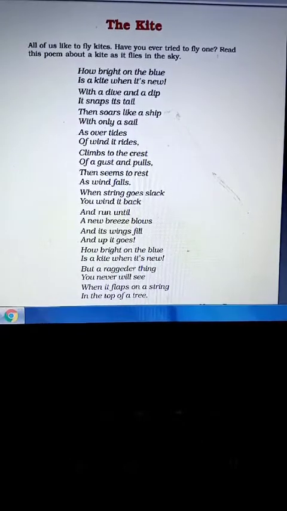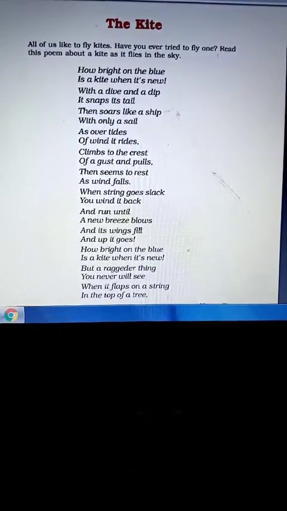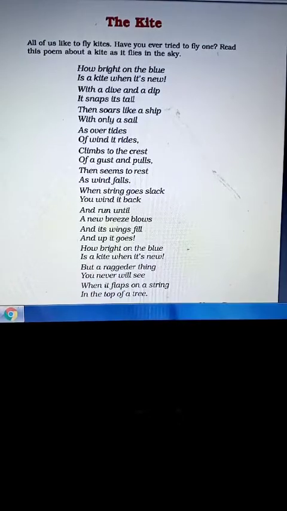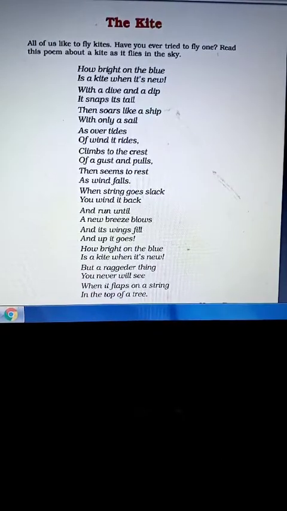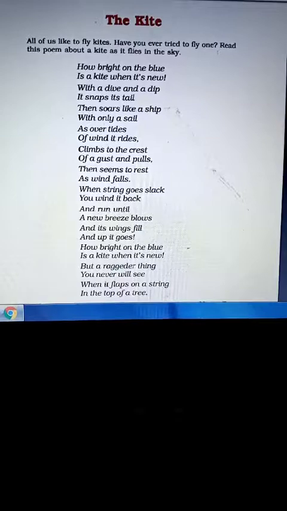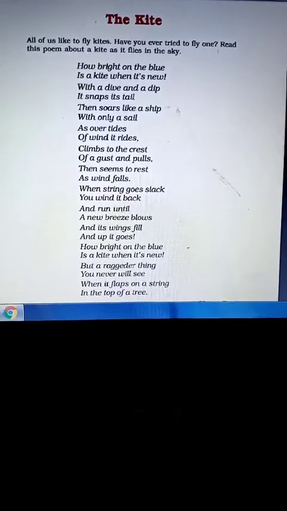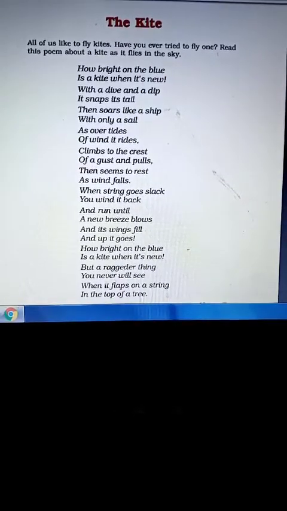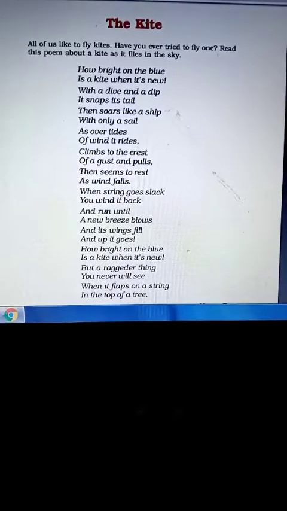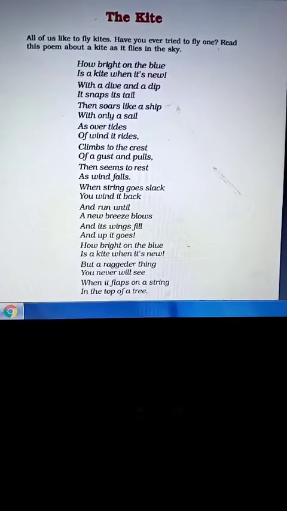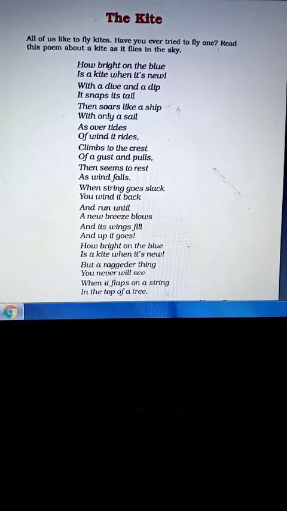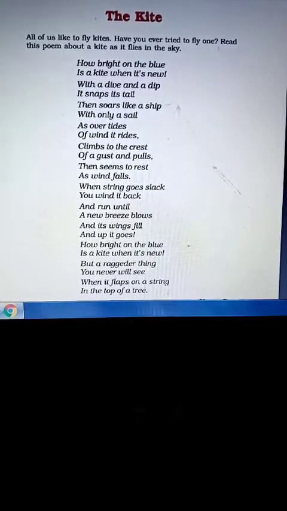So refer to a dictionary and try to understand each word with its meaning and frame sentences for the new words. There are various words in the poem which can be used in your own sentences. So do refer to a dictionary and make new sentences for these new words.